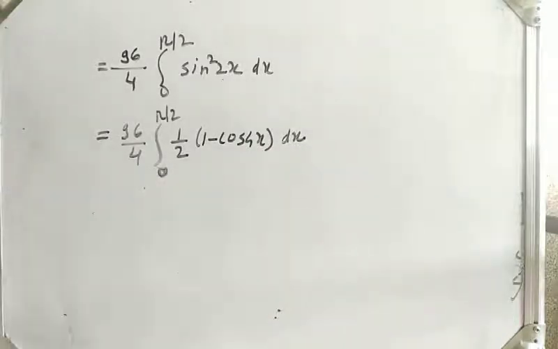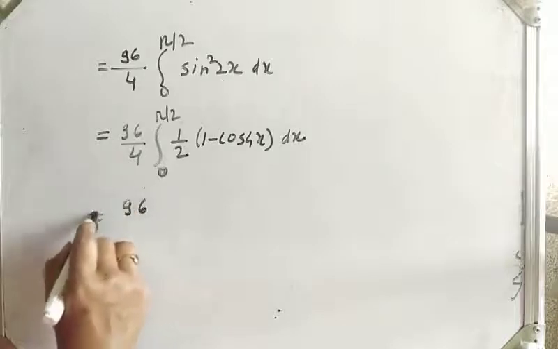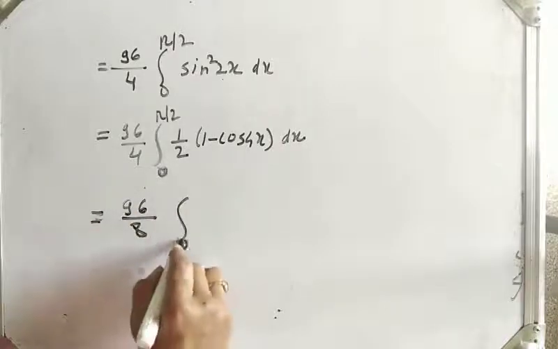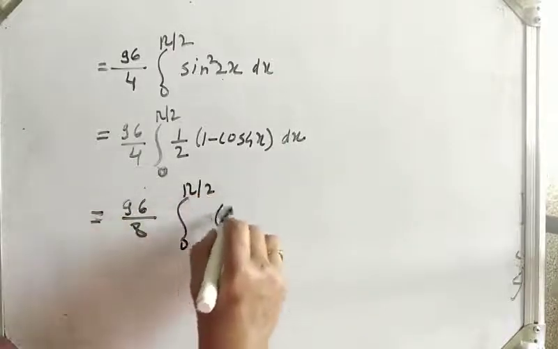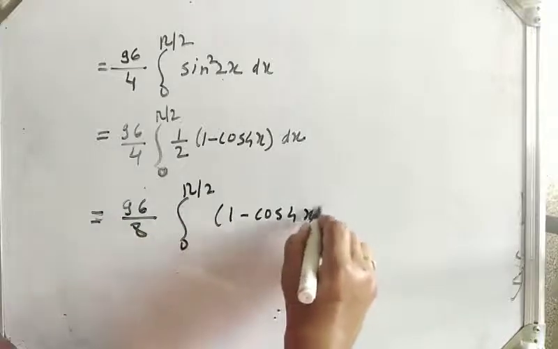Let us take this 2 outside, so it is 96 upon 8 integration 0 to pi by 2 of (1 minus cos 4x) dx.